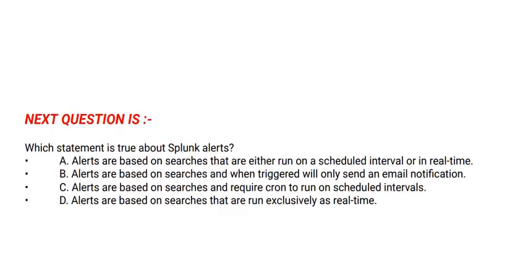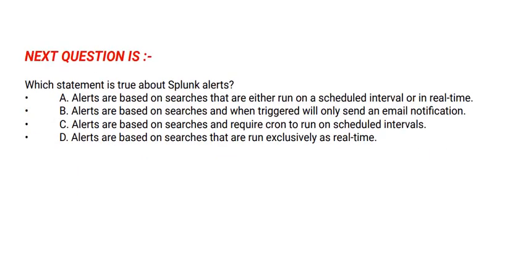Next question is, which statement is true about Splunk alerts? Options are option A, alerts are based on searches that are either run on a scheduled interval or in real time. Option B, alerts are based on searches and when triggered will only send an email notification.